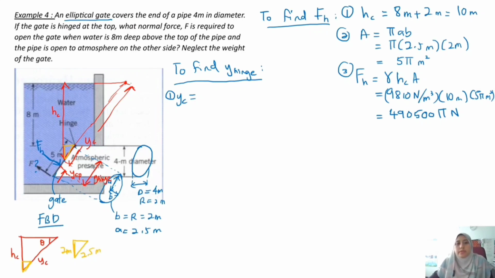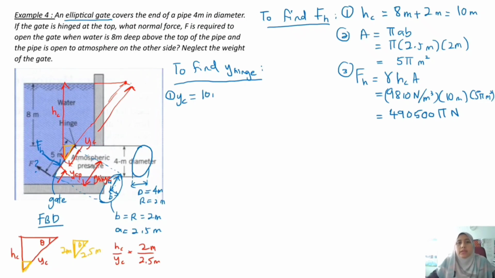So therefore, you can use fractions. It is also at this same angle. So AC divided by YC is basically the same as 2 divided by 2.5 meters. Therefore, YC is basically HC times 2.5 divided by 2.